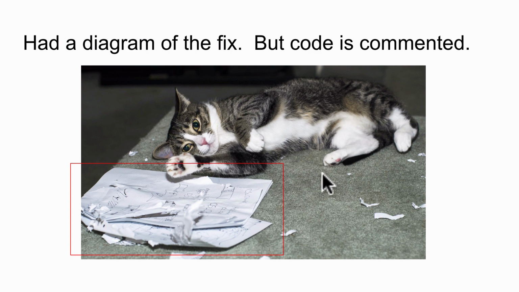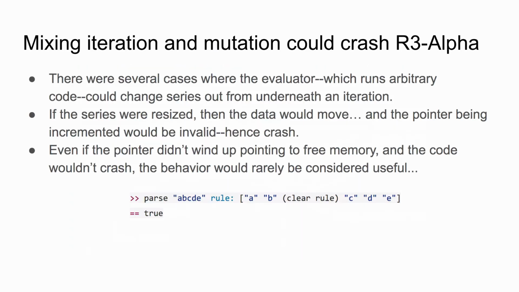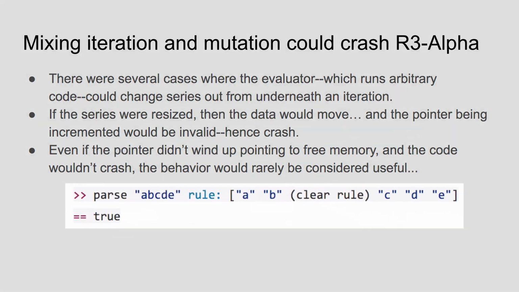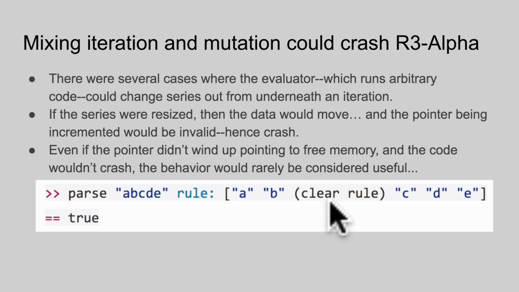A lot of combining iteration and mutation would throw R3 alpha out of whack. This was a pretty basic example which was found: if you're parsing and you clear the rule while you're parsing it, you have a problem.